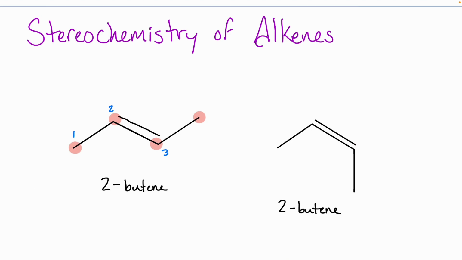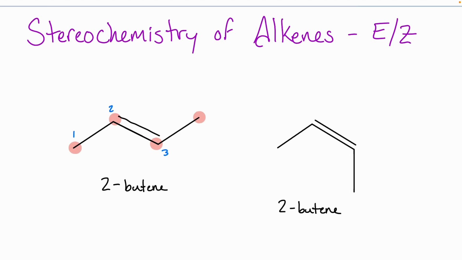All right, and there is sort of cis and trans stereochemistry. That nomenclature works under a limited number of circumstances, but the universally expanded nomenclature rules for alkenes are what are called EZ nomenclature, or EZ stereochemistry rather.